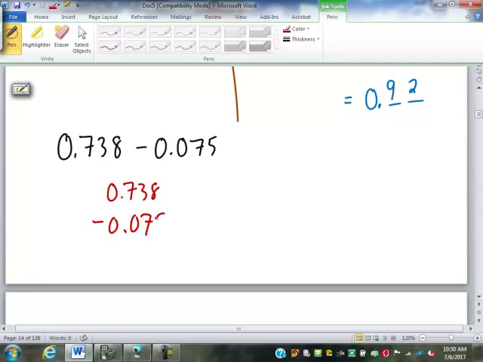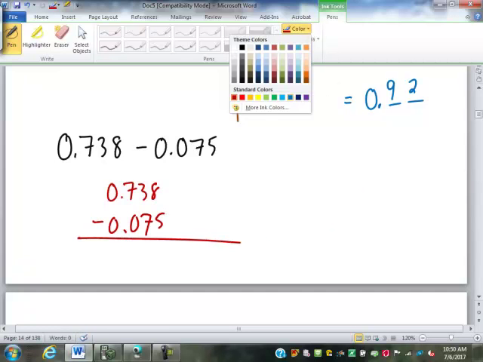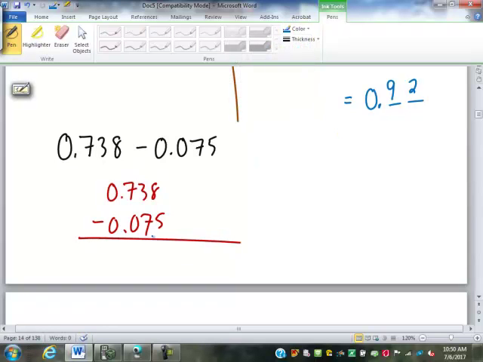It's just more natural for me to look at things vertically like this, so I'm going to rewrite it that way. The first non-zero digit in the top number is in what place value? The tenths. And the bottom number? Hundredths. So I'm going to round everything to the nearest hundredth.